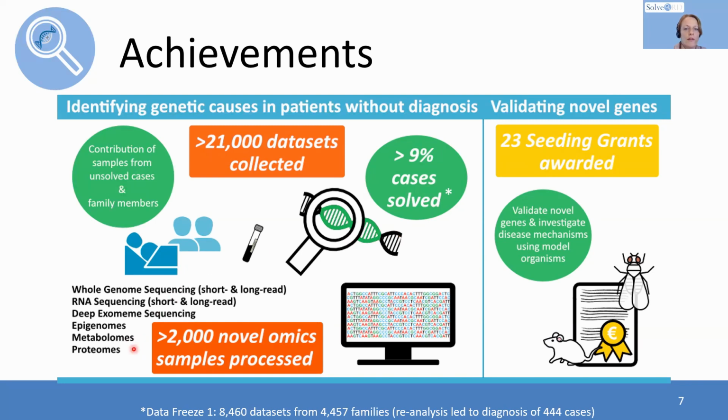And with more than 2,000 novel omic samples being processed and new data being generated, we are convinced that the SolveRD project can further increase the diagnostic yield for many previously unsolved rare diseases. And with keeping this in mind, I would now like to hand over to Steve to give you insights on how data sharing and analysis via the RD-Connect GPAP platform works.